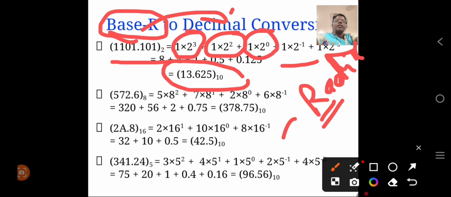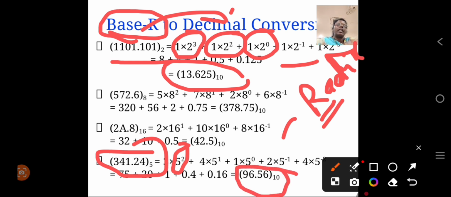In one example, the base R value is 5, in the last example, right? R value is 5, which means it's a base 5 system, 341.24. So what number symbols will be available? Only 5 symbols, which vary from 0 to 4. This number can be converted to decimal by multiplying each and every digit with the place value, a power of 5, so that the corresponding decimal equivalent will be derived. Okay.